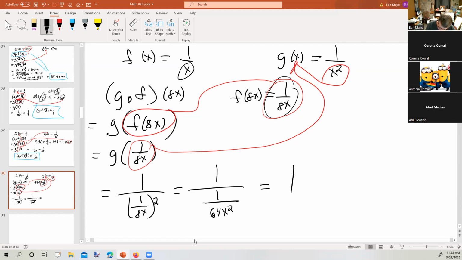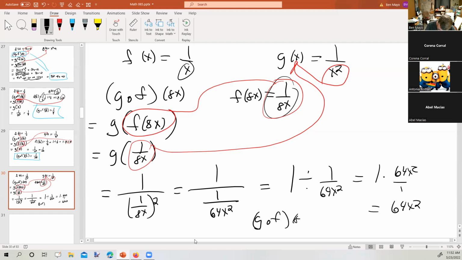But that's 1 divided by 1 over 64x squared, which is 1 times 64x squared over 1, which is 64x squared. So g composed with f of 8x equals 64x squared.